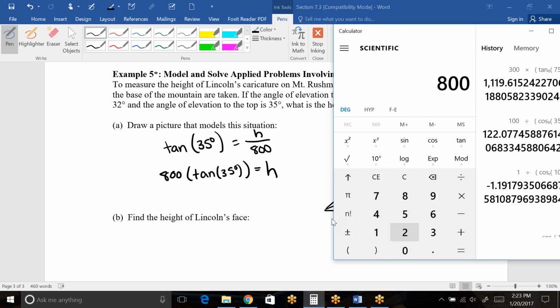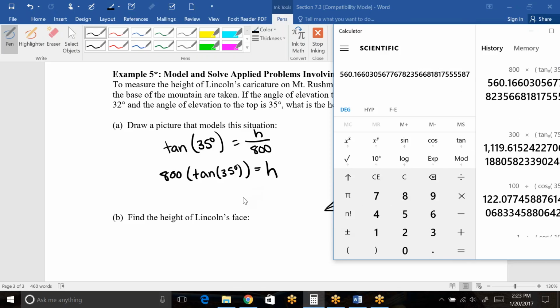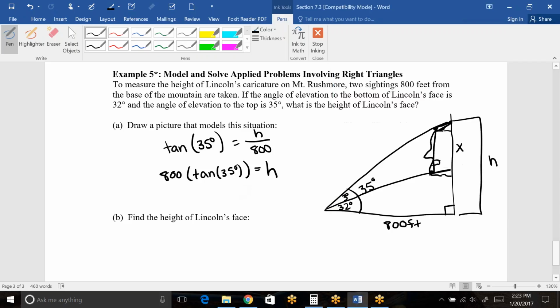So 800 times tangent of 35 degrees. That's 560.17. And that's in feet.